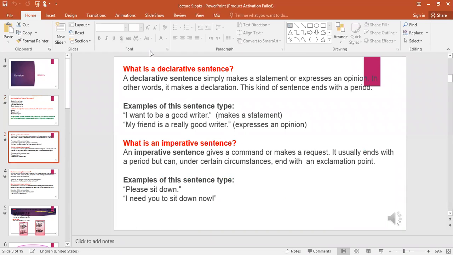Okay, so let's repeat. We have said, guys, that we have 4 kinds of sentences. They are the declarative, the interrogative, the imperative, and the exclamatory sentences. So any question concerning this lesson? If yes, please raise your hands.